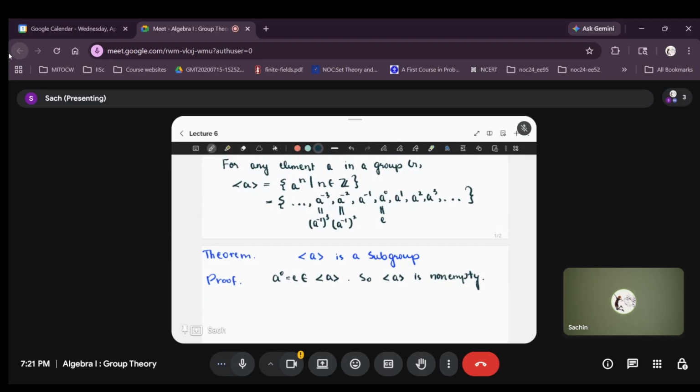For closure, we pick two elements and show that their product is in the set.